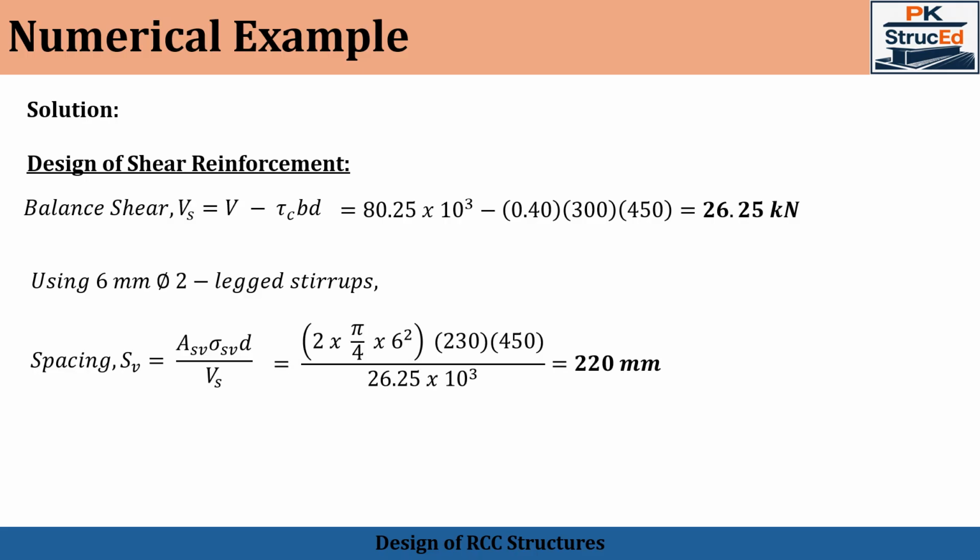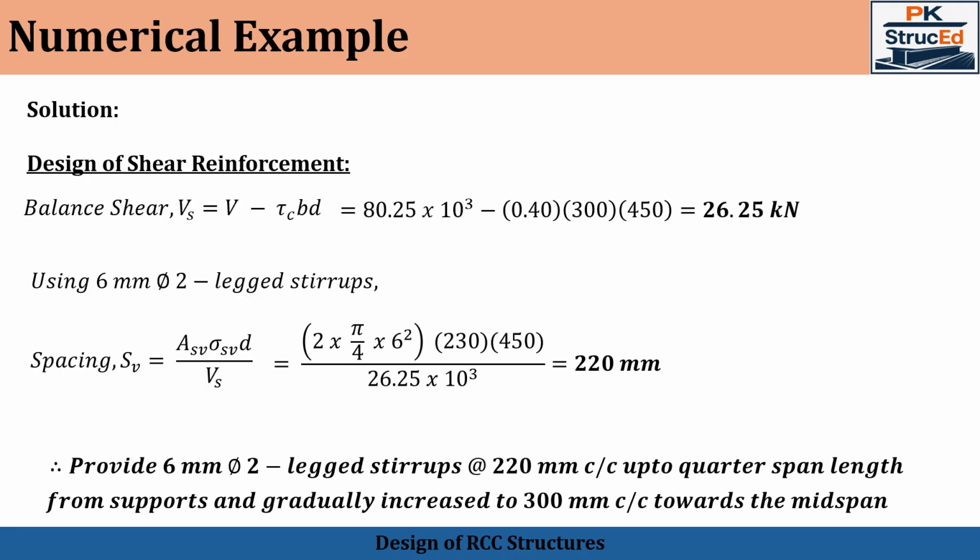This value is less than the allowable maximum spacing of 300 mm. Hence, provide 6 mm dia 2-legged stirrups at 220 mm centers up to quarter span length from the supports and gradually increase it to 300 mm centers towards the mid span.